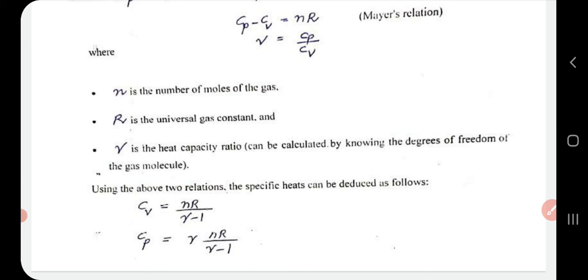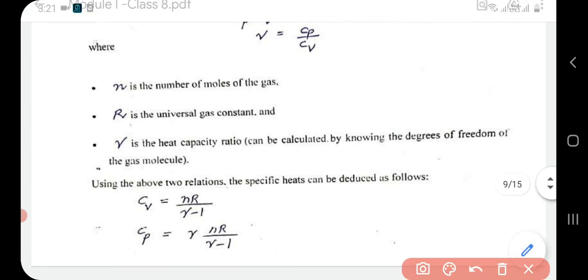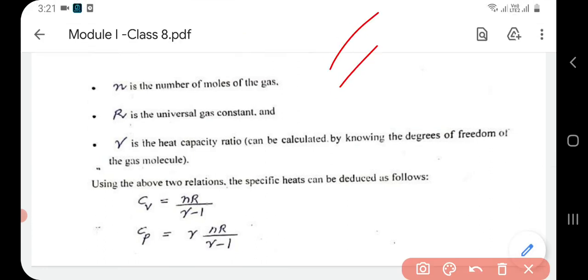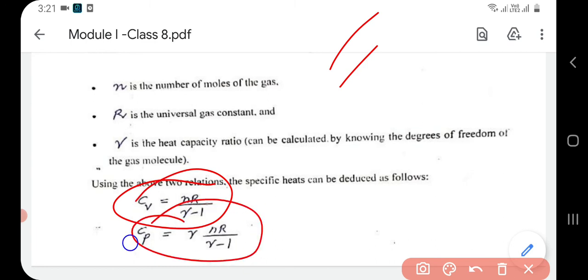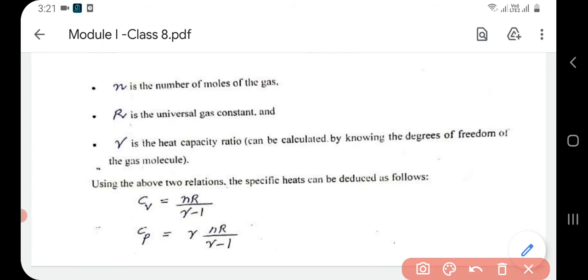Okay, we have various relations relating the specific heat capacities. Cv is equal to nR by gamma minus 1. Cp is equal to gamma nR by gamma minus 1. All these are certain relations.